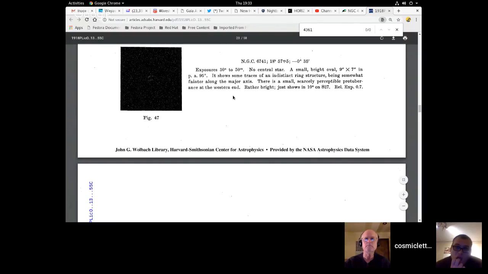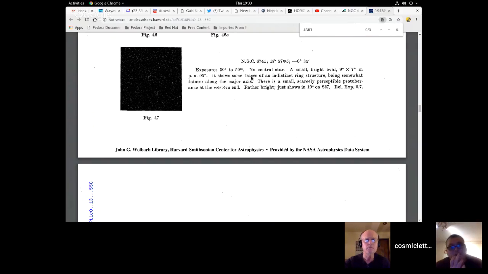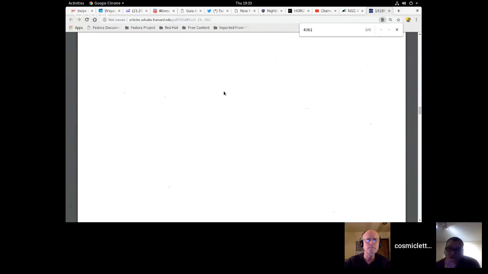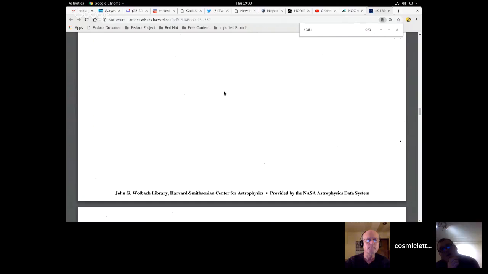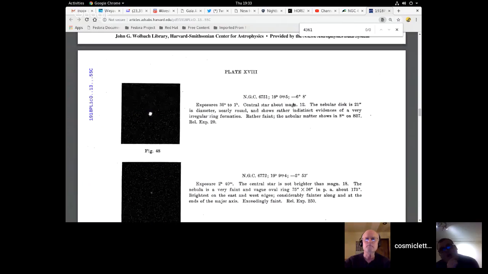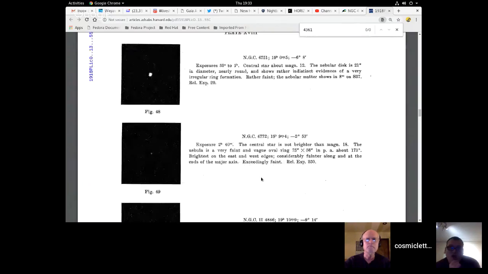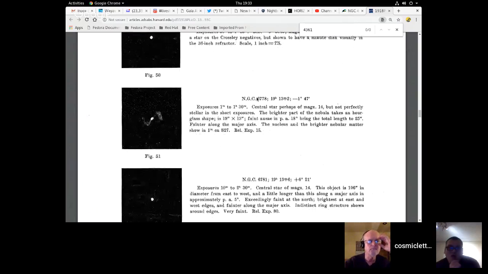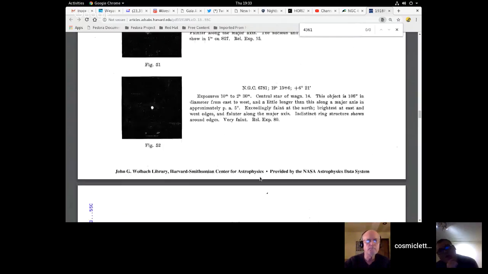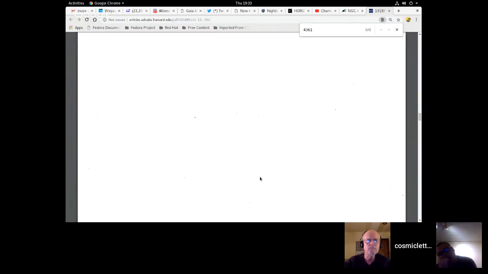This paper isn't really even text, right? It's just an image that has been placed into a PDF file. So being able to find these is going to be tricky, unless we can find a pattern. I'm not sure what the pattern is going to be. I thought they were going to be in numerical order according to NGC number, but I don't think that's the case.